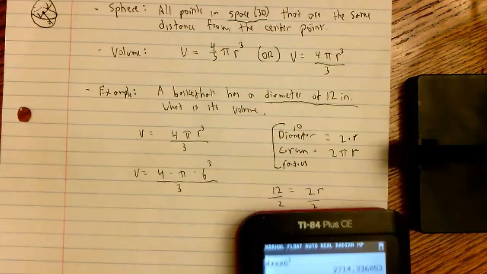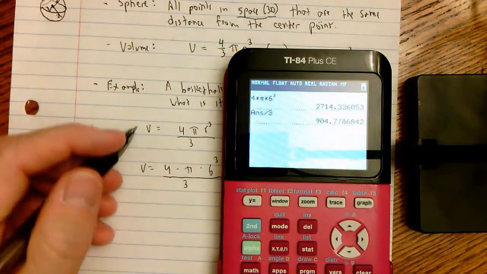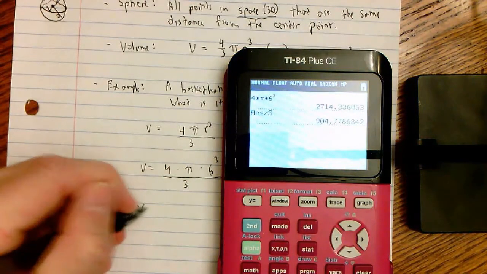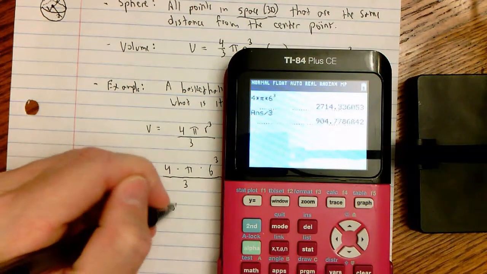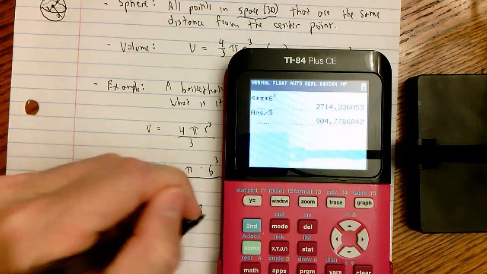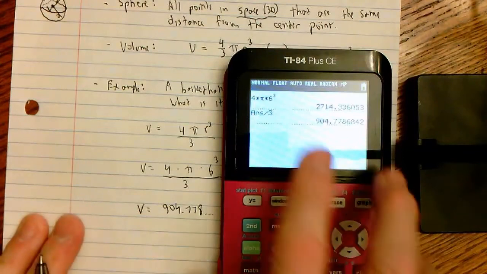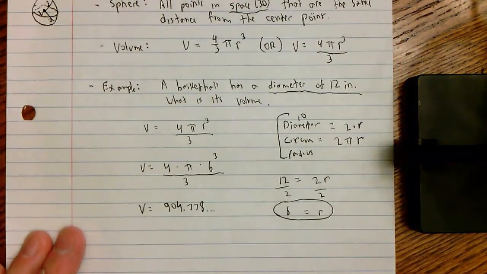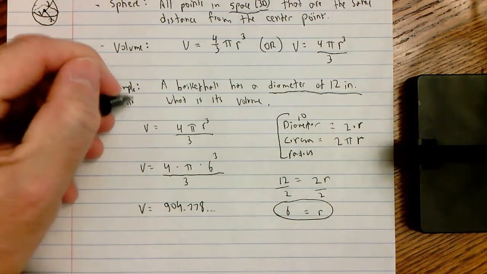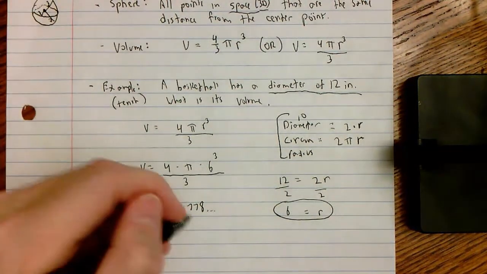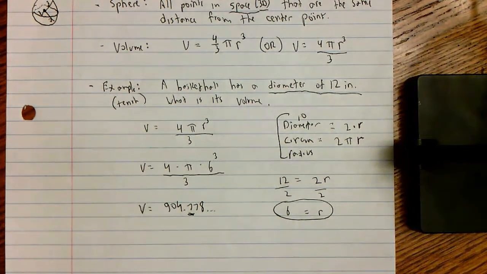And so what I get, I get volume equals 904.778, and then some more decimals. Right? Now, I didn't say this in the problem, but typically they like us to round to the nearest tenth, so 1 decimal place.